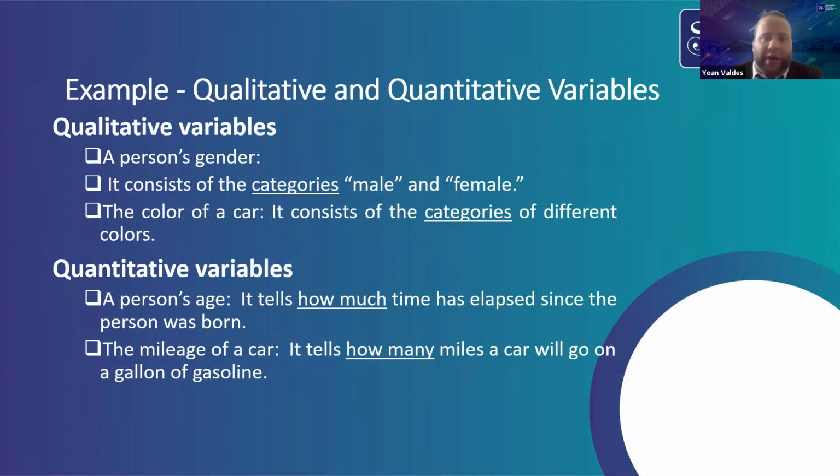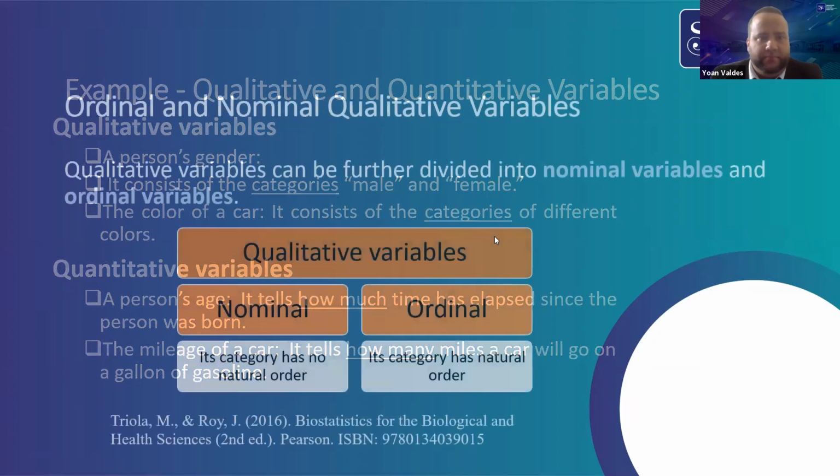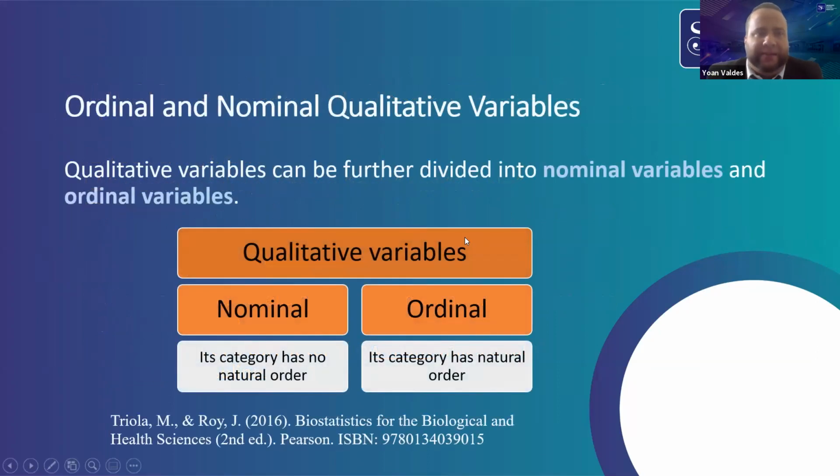The quantitative variable, the person's age, tells how much time has elapsed since a person was born. The mileage of the car tells how many miles the car will go on a gallon of gasoline. Qualitative variables can be further divided into two groups, nominal and ordinal.